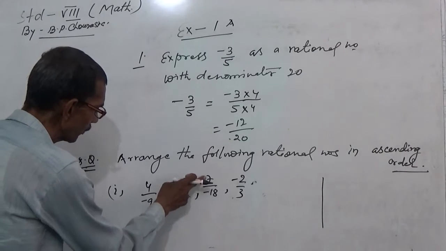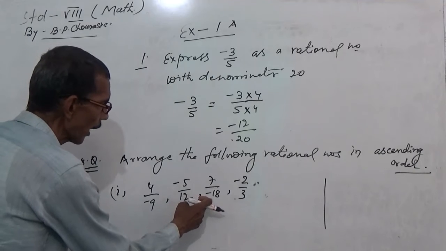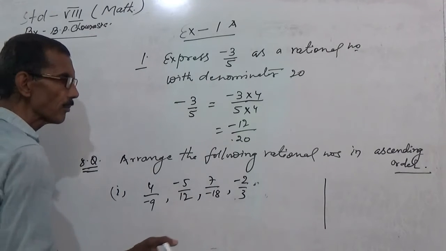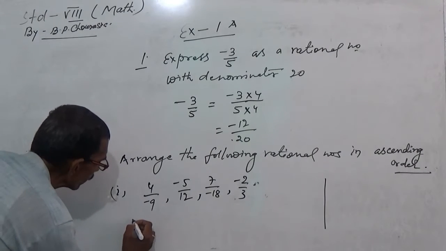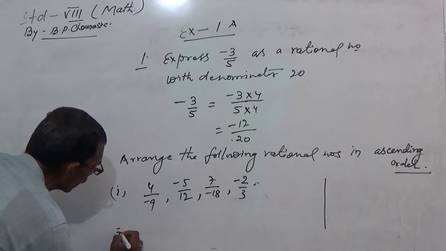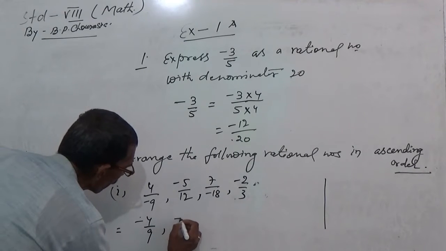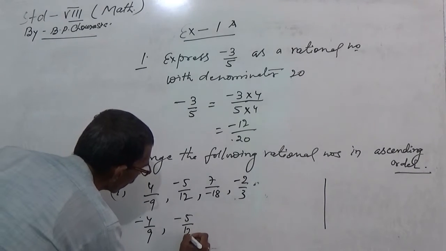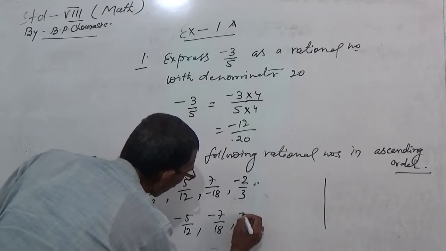Minus 5 by 12, 7 by minus 18 and minus 7 by 18 are the same. So here you can change it: minus 4 by 9, minus 5 by 12, minus 7 by 18, and minus 2 by 3.